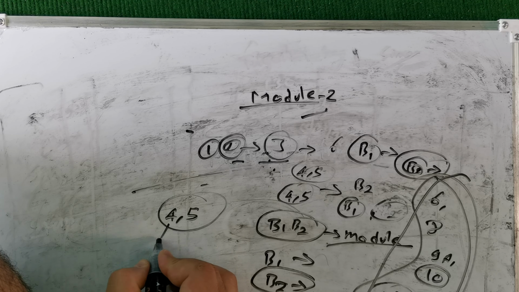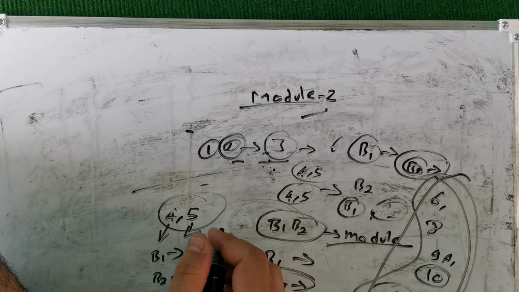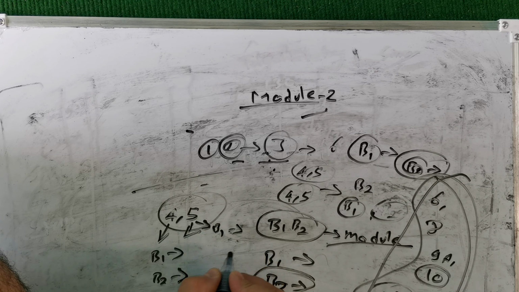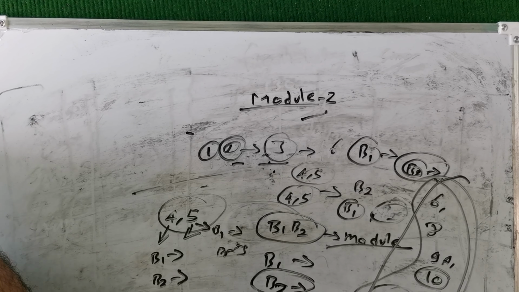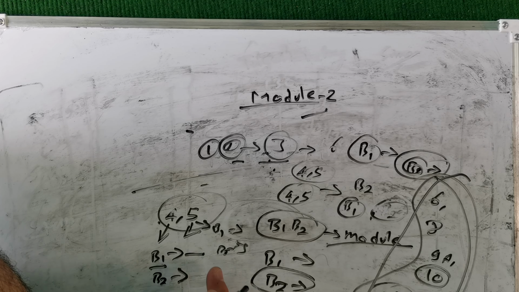And while doing modules 4 and 5, I will make separate videos for B1 and B2. Module 4 is a bit lengthy for B1. In module 5, B1 is lengthy, B2 is not lengthy, so I will make separate videos for them.